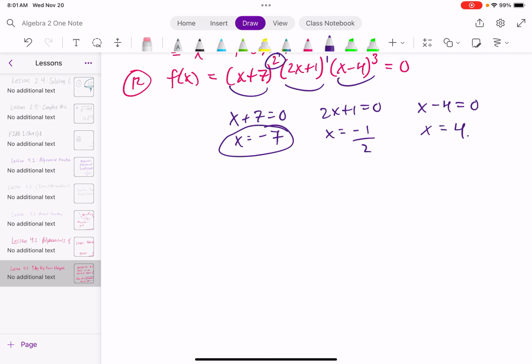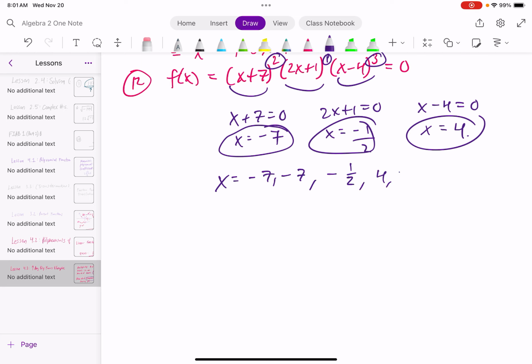We have 1 of these and 3 of these. So in reality, your x values are negative 7, negative 7, negative 1/2, 4, 4, and 4, because there's 3 over there, right? Those are your values.